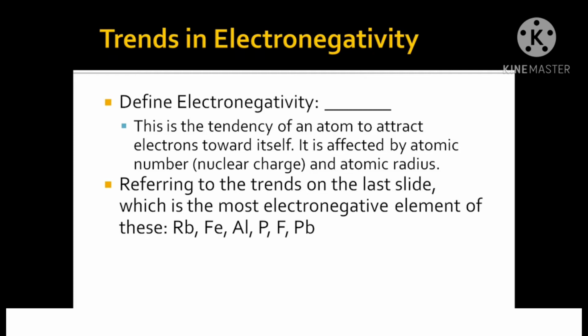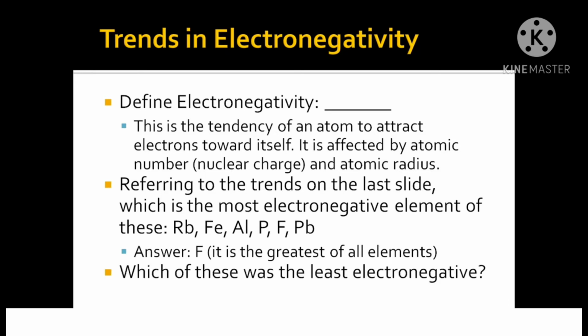Referring to trends on the last slide, which one of these is the most electronegative element? Rubidium, iron, aluminum, phosphorus, fluorine, and lead. Okay, the answer is fluorine. Which of these was the least electronegative in the same list?